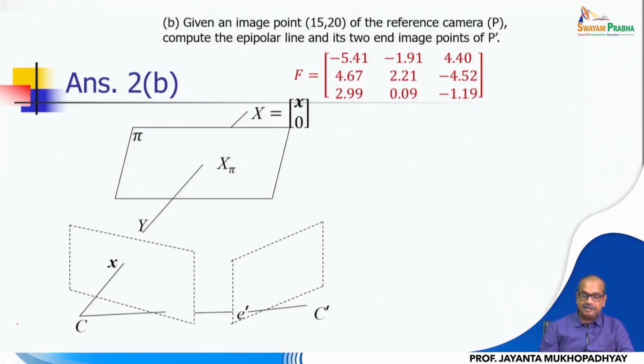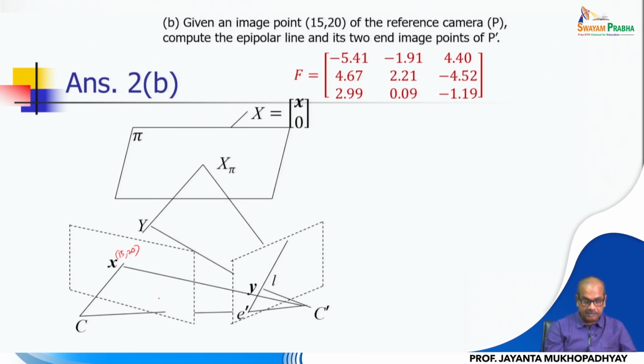The second part is that given an image point (15, 20) of the reference camera, compute the epipolar line and its two end image points. Say this is the image point which is given, and the epipolar line can be computed. These are all possible image points, so in this ray these are all corresponding points.